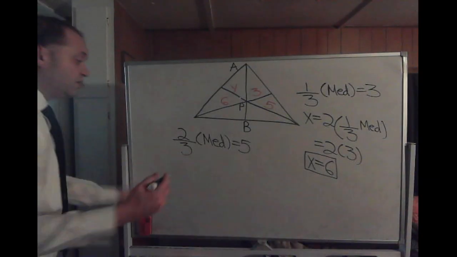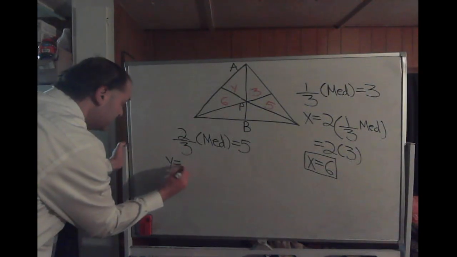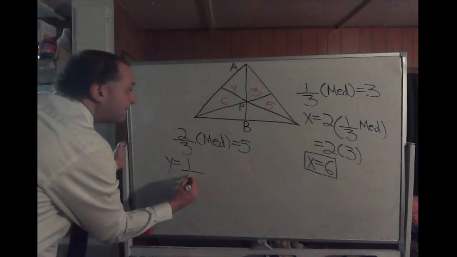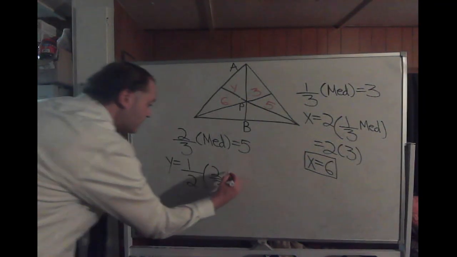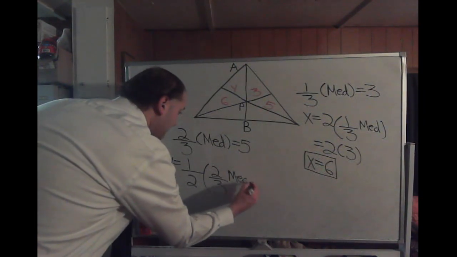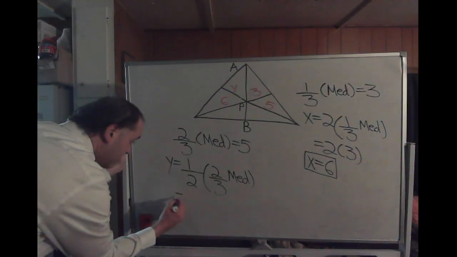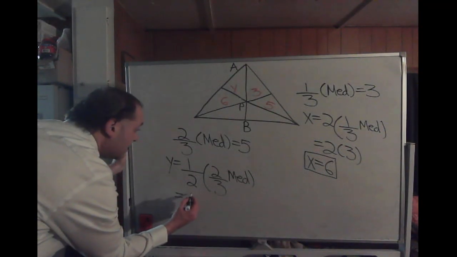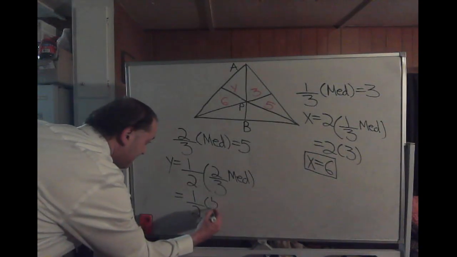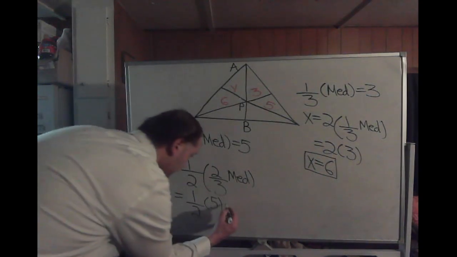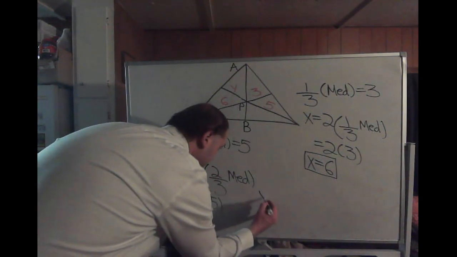Well, in order to solve for y, that's going to be half of 2/3 of the median, which would have to mean that that's going to be half of 5, which half of 5, as you know, is 2.5.